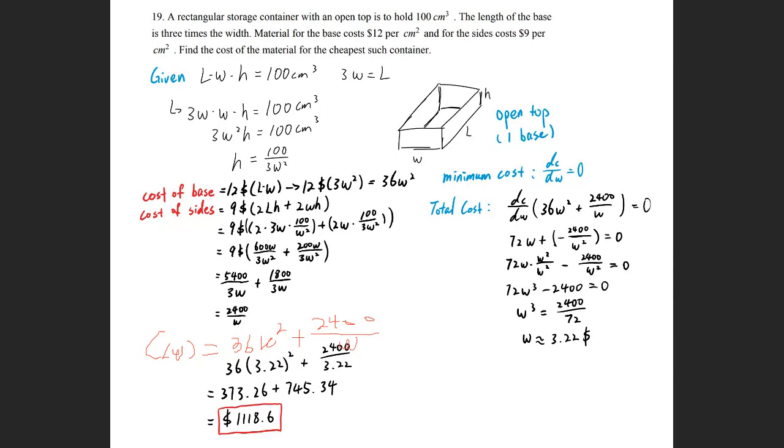Then, as you said, you take a derivative of it. So you have C prime. You set C prime equal to 0. You solve for W.